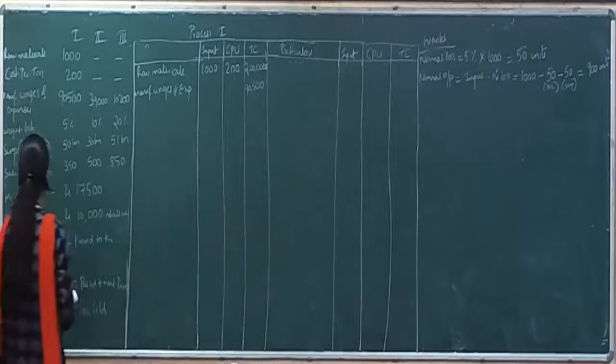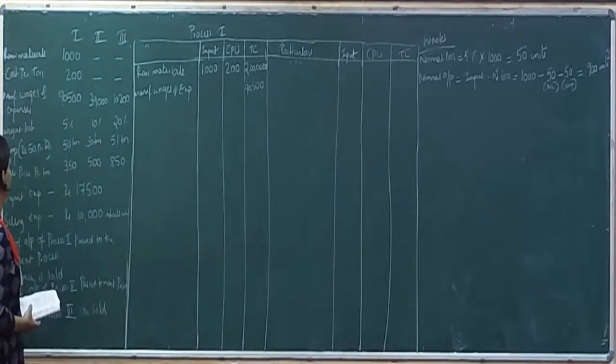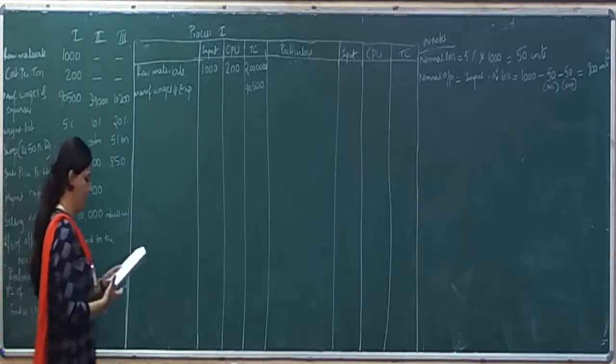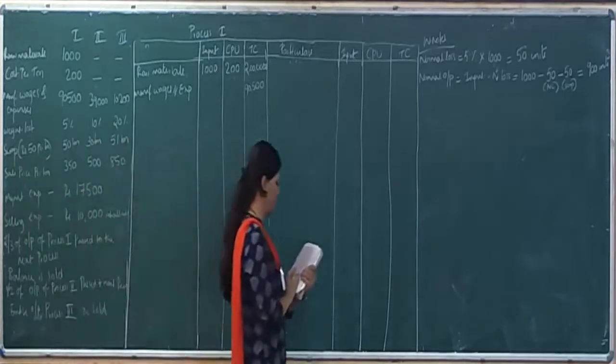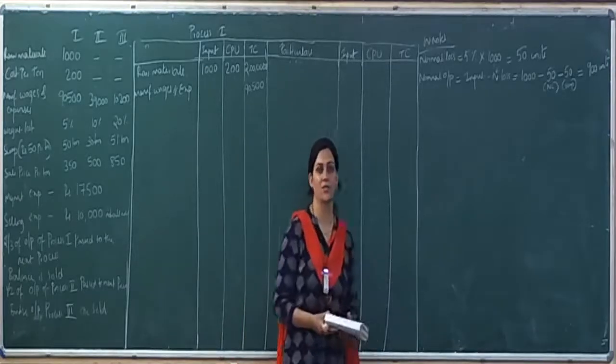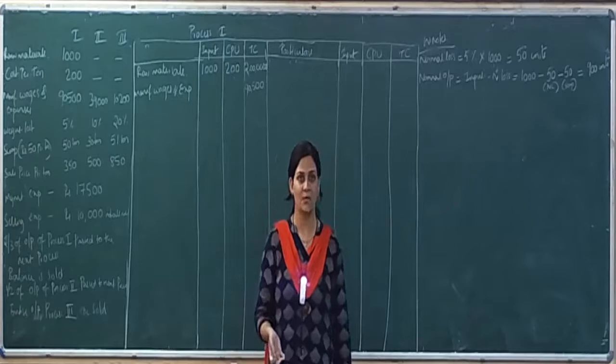Now let us check what other details are given in the problem. We have considered scrap and we have considered normal loss. They have not given us the output of each process, so we don't know whether it is normal loss or abnormal gain.